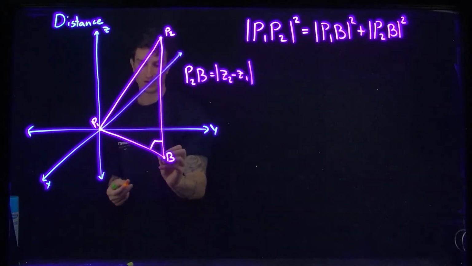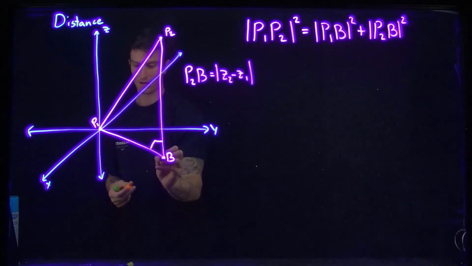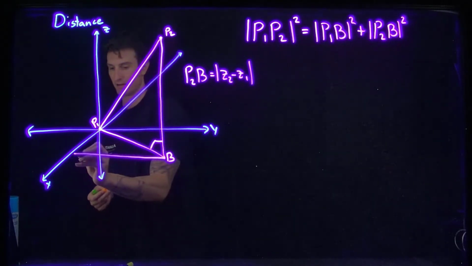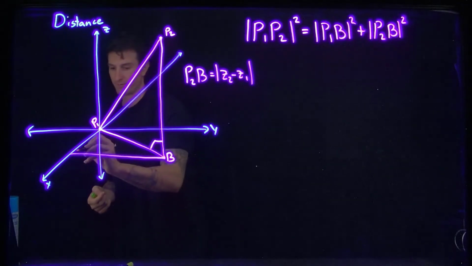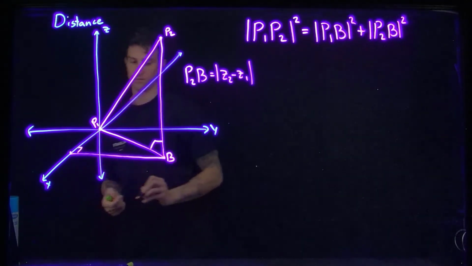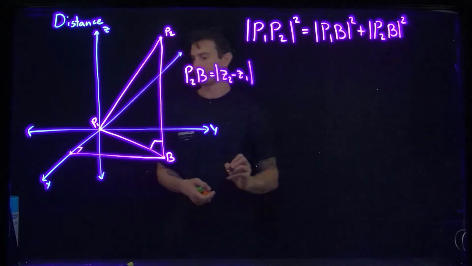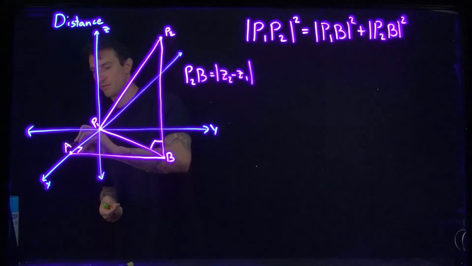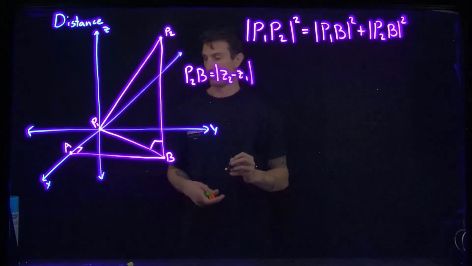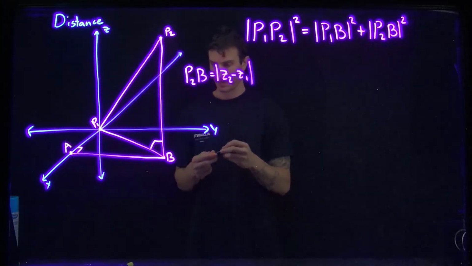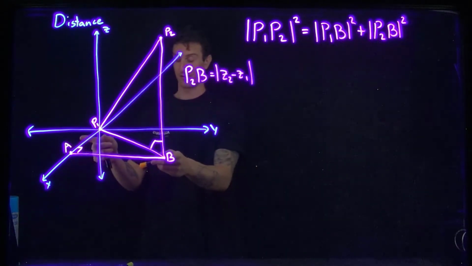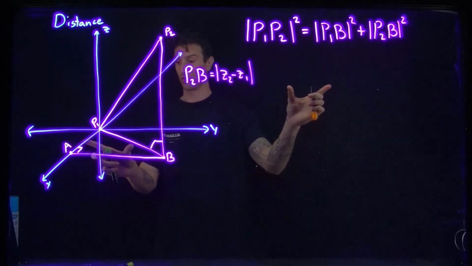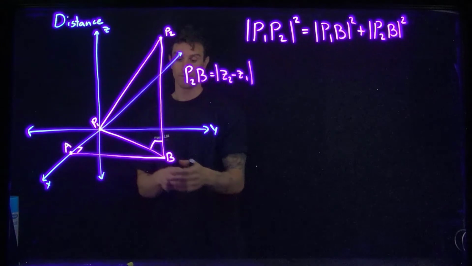You can imagine if I took this point here and drew a straight line across, this is going to form another right angle, and we're going to call this point A. Okay, and so now we can use the Pythagorean theorem one more time to find what P1B is.